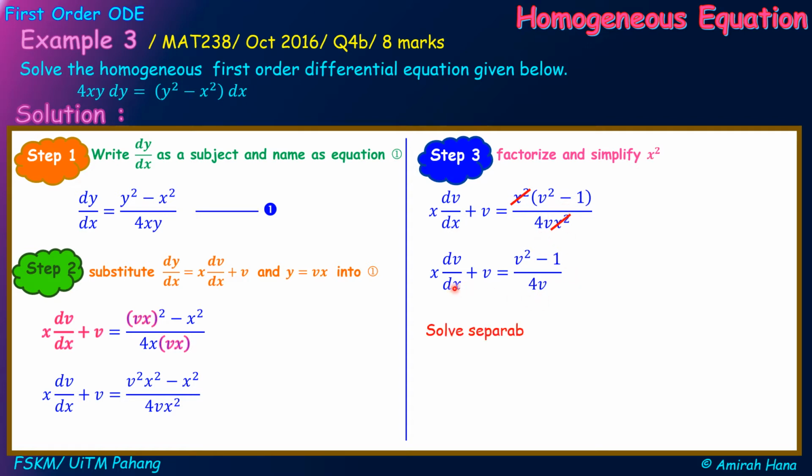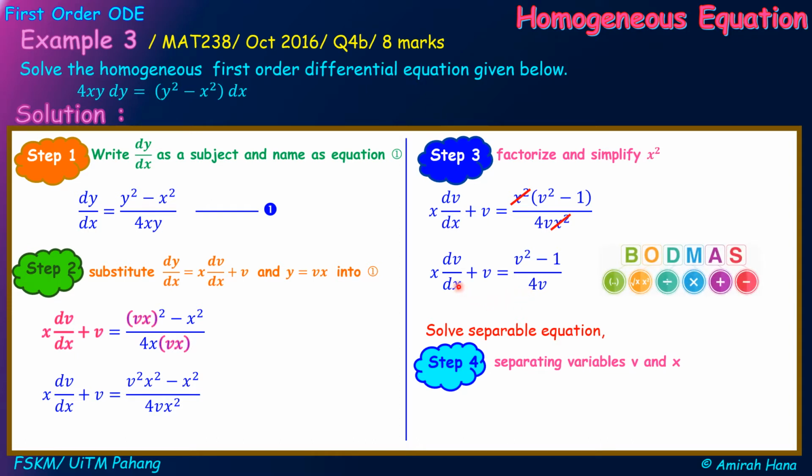So from here, we can solve the separable equation. We continue with step 4, separating variables v and x. We can refer to BODMAS to separate. BODMAS is an acronym and it stands for bracket, order, division, multiplication, addition, and subtraction.